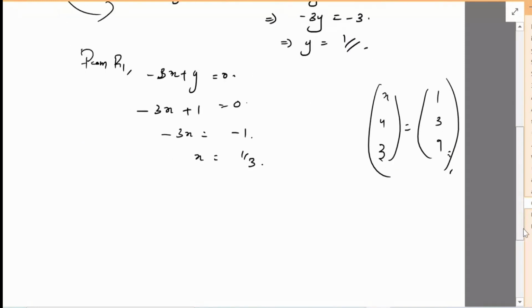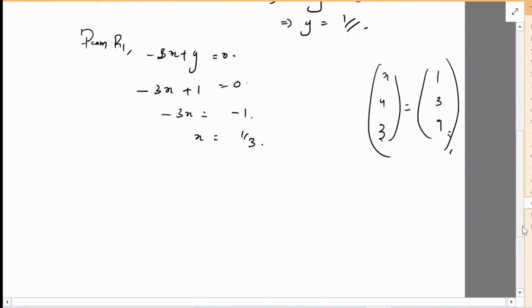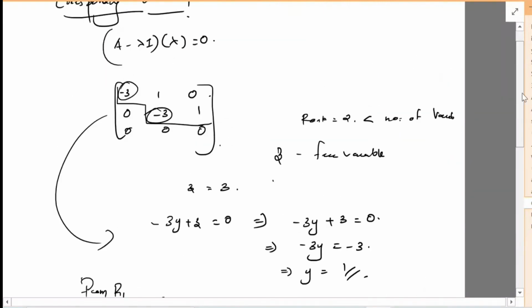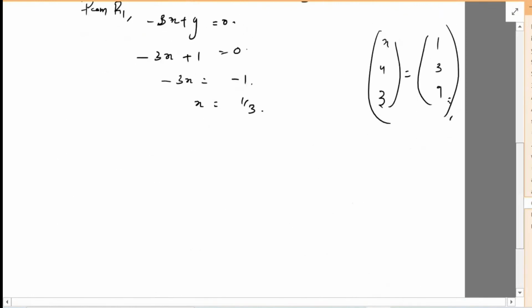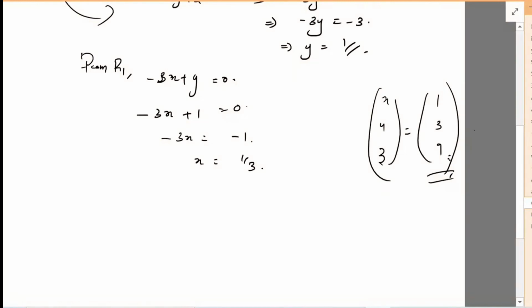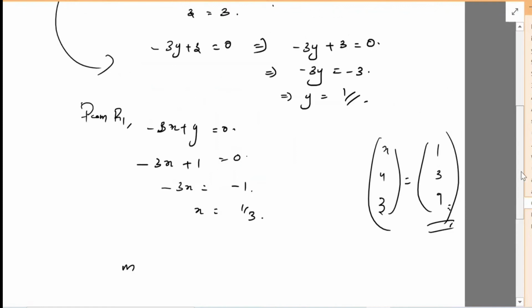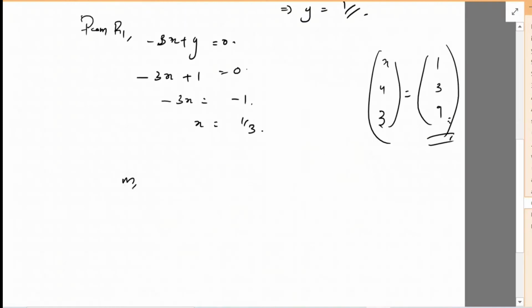This will be the only independent eigenvector corresponding to the eigenvalue lambda equal to 4. Okay, so what is the geometric multiplicity? M4 equal to 1 because the number of free variables is 1. Here in this example, we got only one free variable.